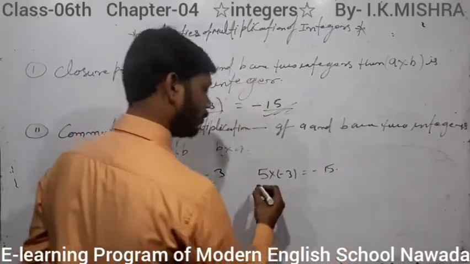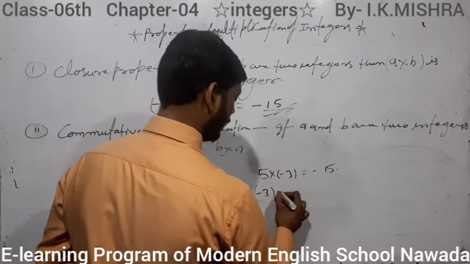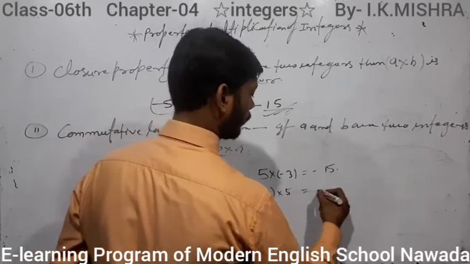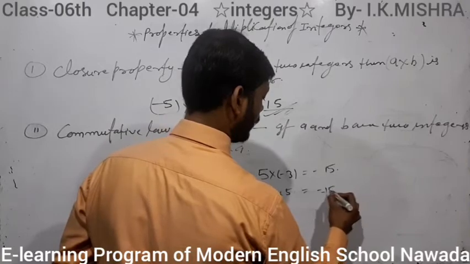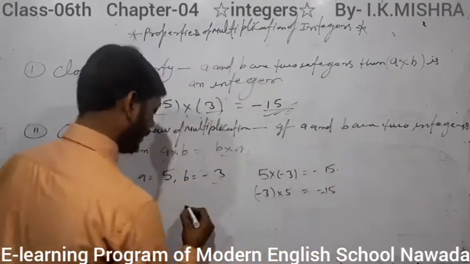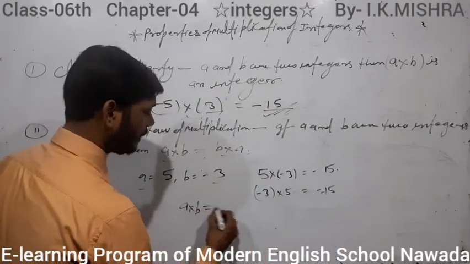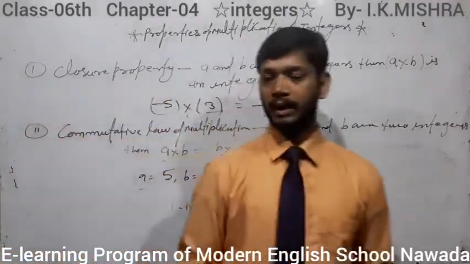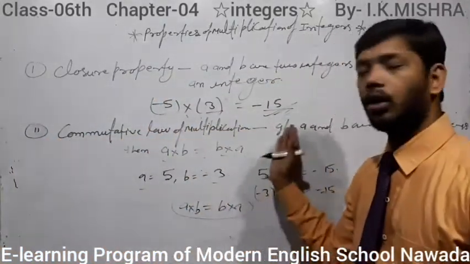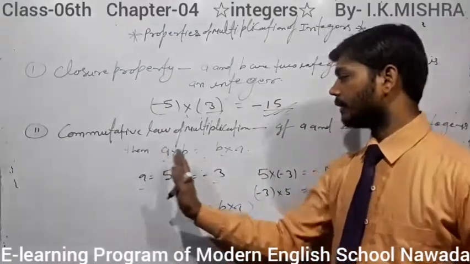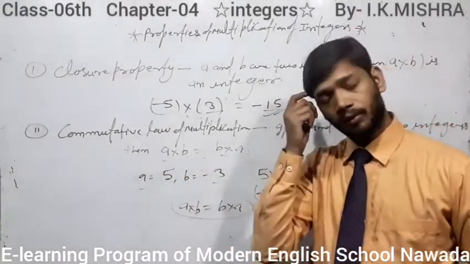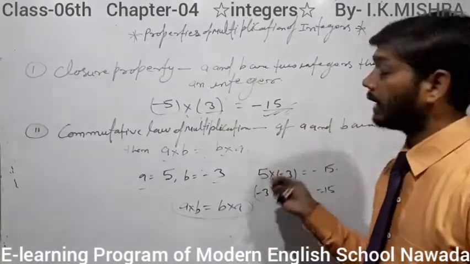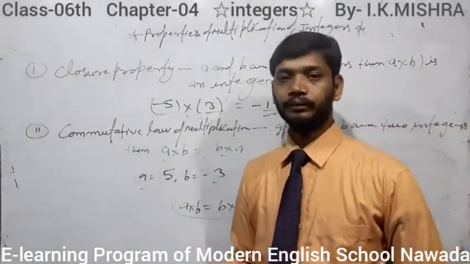And when you multiply -3 into 5, the result is also -15. So students, here a into b is equal to b into a. So in multiplication, the commutative law of multiplication is followed. That means when you change the order of integers, the result will always be equal.